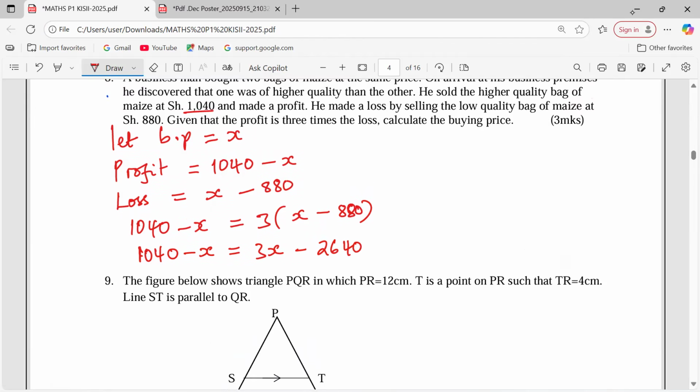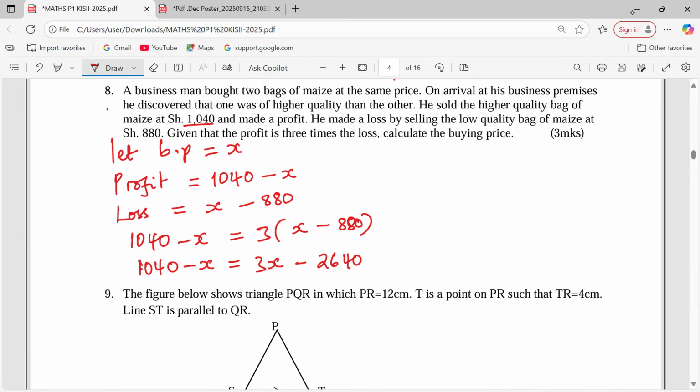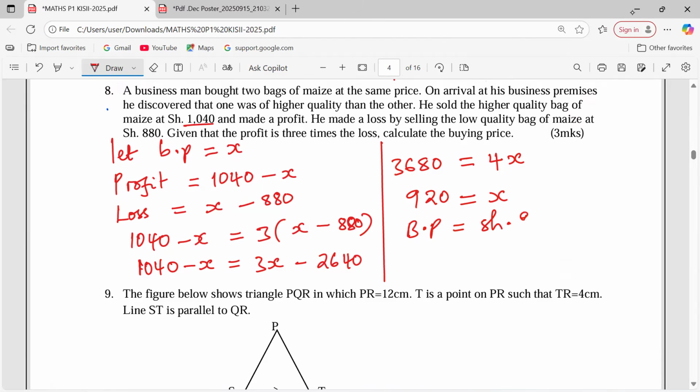Then from here, we can group terms, whereby on the left-hand side we have 3x plus the x, which gives 4x. Then now we'll be having 1040 plus 2640, and we get 3680. Then we can get the value of x when we divide through by 4: 920. So the buying price is 920 Kenya shillings.